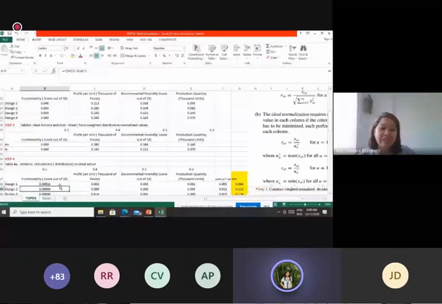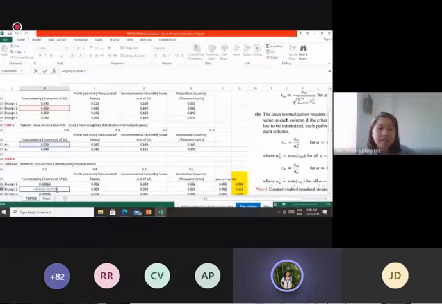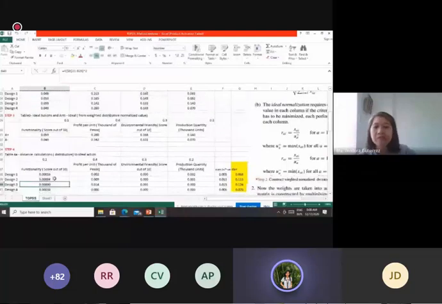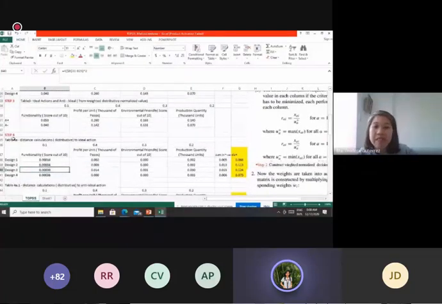So that's the distance calculation. Then for design 2, to get the distance calculation, we have 0.053 minus 0.059 and get the squared. So the same goes with the other criteria. Alright, so this one is step 4, distance calculation to ideal value.